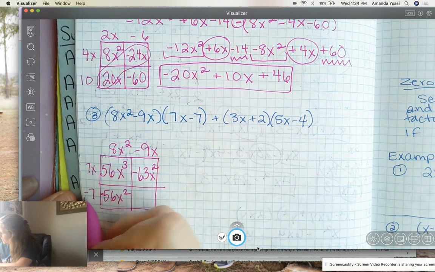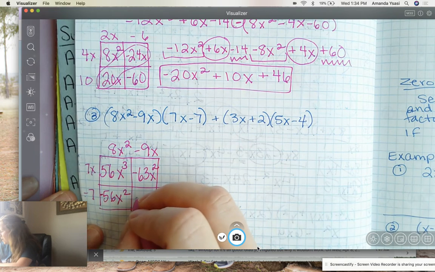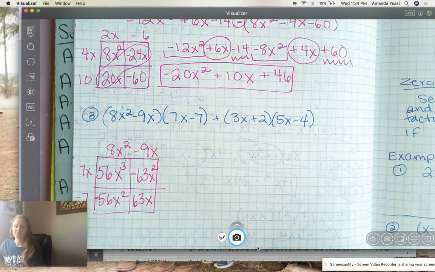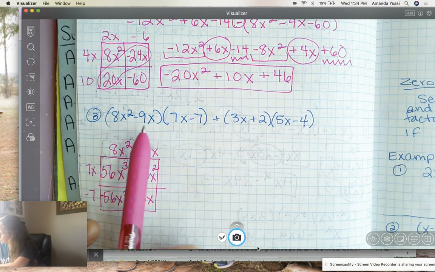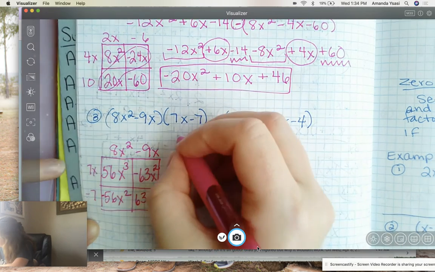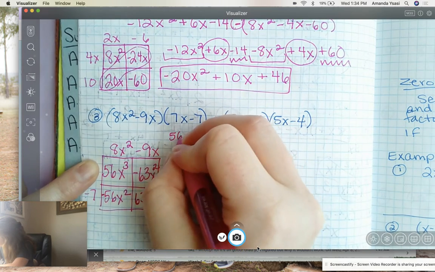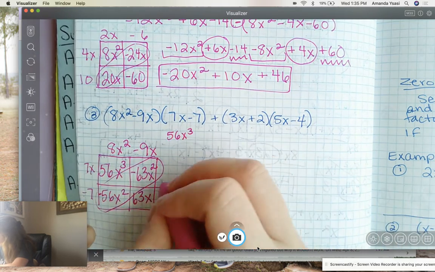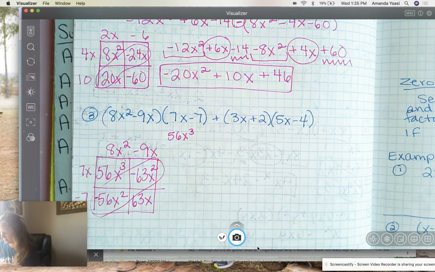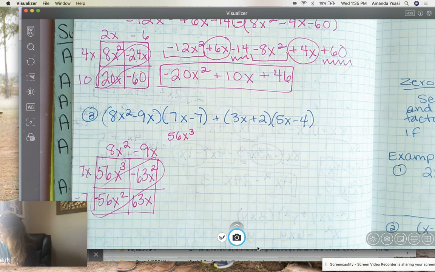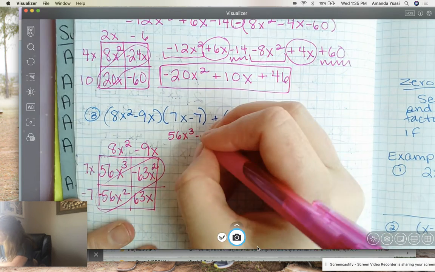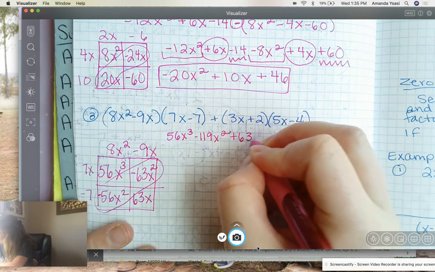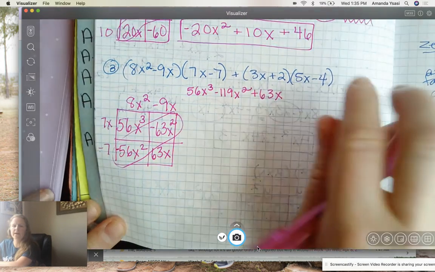And then negative 7 and negative 9 make 63x positive. Okay, so the left side becomes 56x cubed. And then I need to add these together. Negative 63 and negative 56. Negative 63 plus negative 56. Negative 119x squared plus 63x.